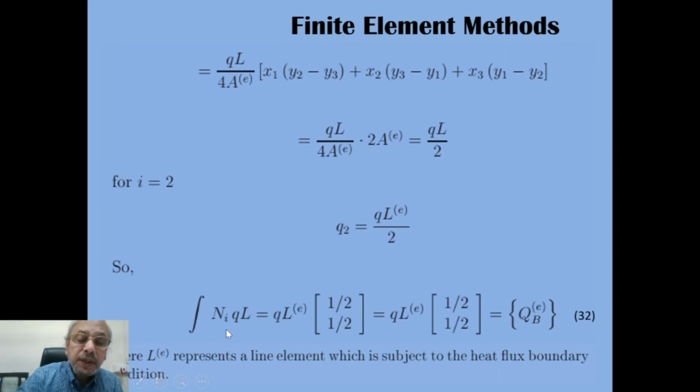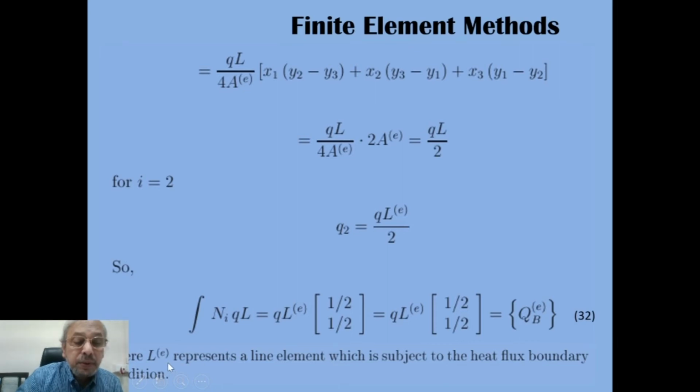So this integration will give us Q into the length of the line element, and a column matrix, half and half. This is called QB for the element.